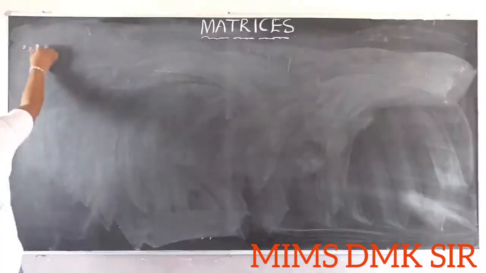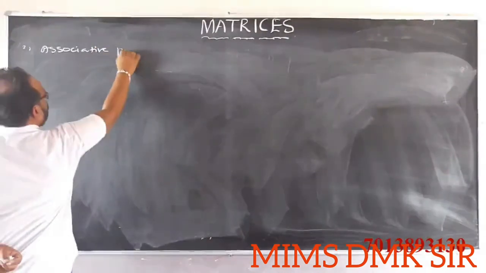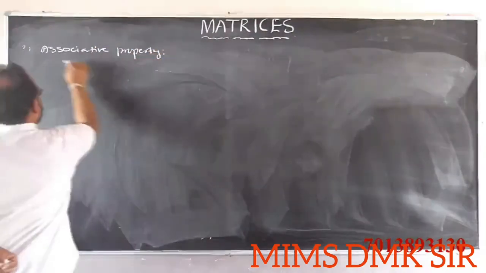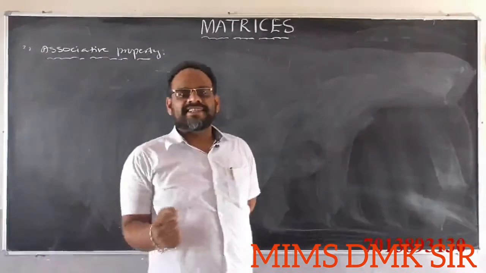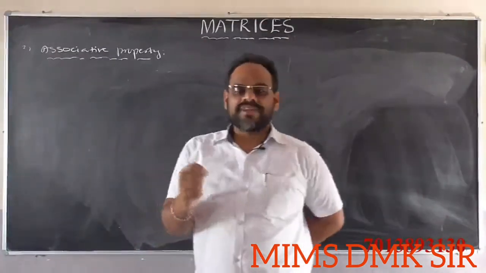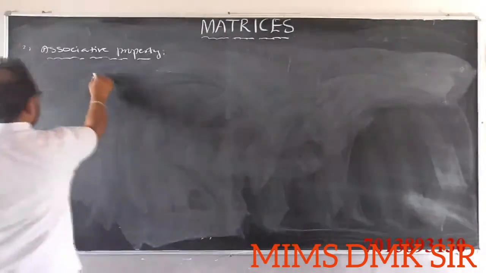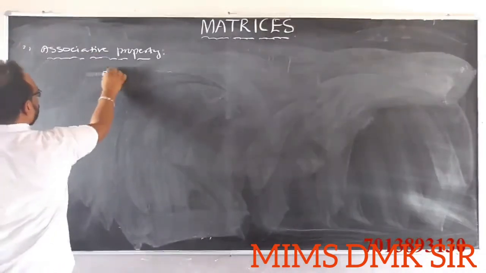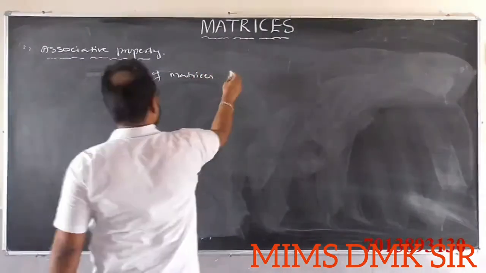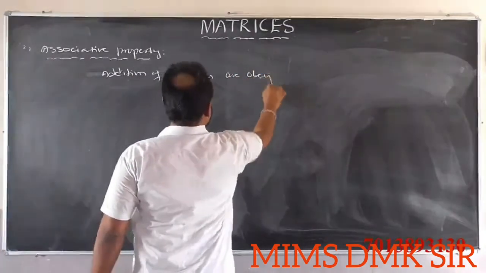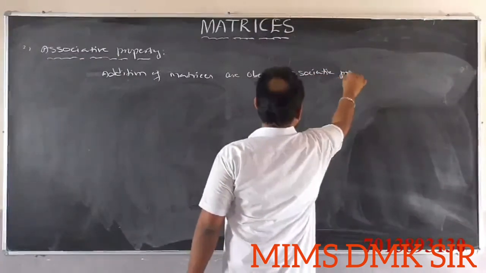Second one, the associative property. That means matrices obey the associative property.